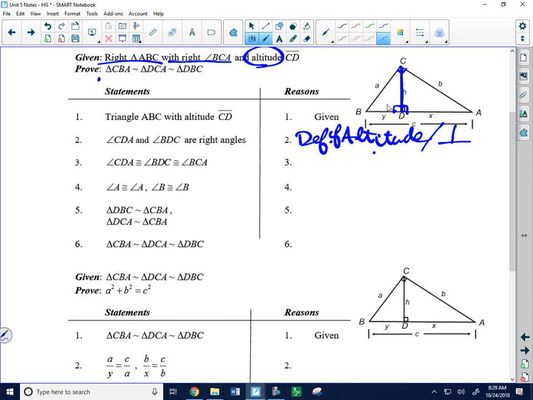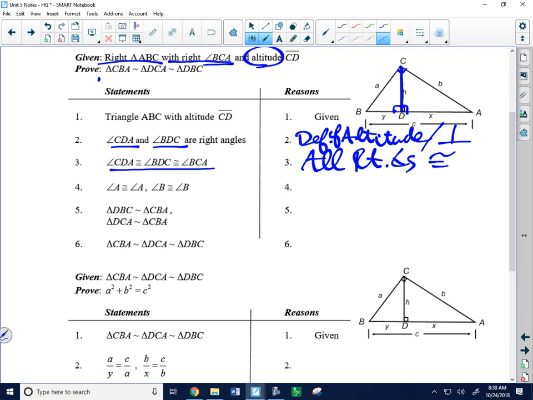So these are right angles. CBA is a right angle, BDC is a right angle, and it was given up here that BCA is a right angle. And if they're right angles, they're congruent. All right angles are congruent.